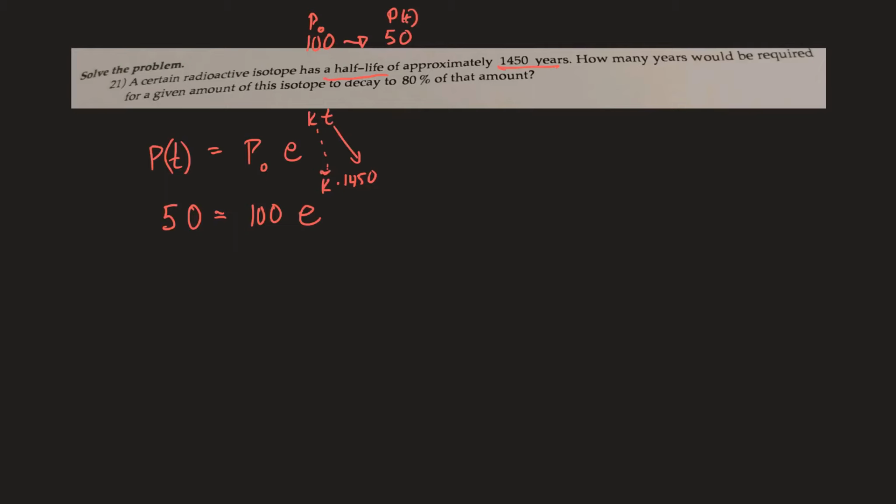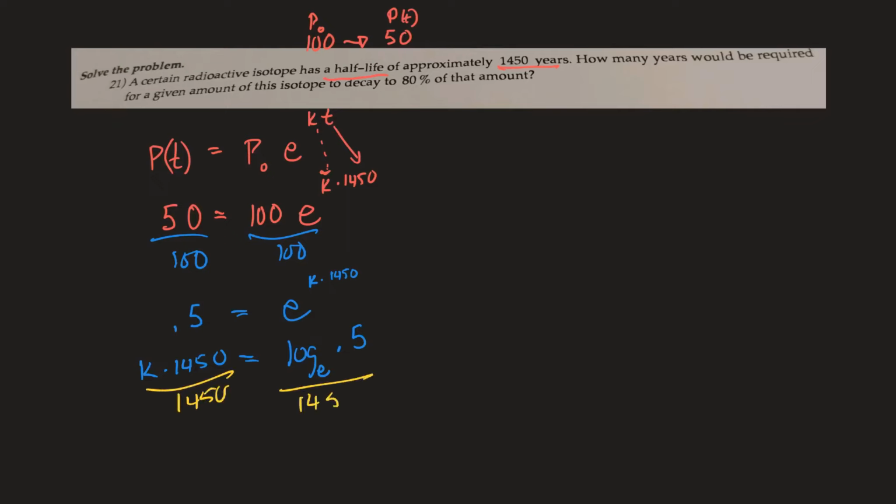First thing, divide by 100, divide by 100. So I get 0.5 on this side is equal to e to the K times 1450. Change to log form. K times 1450 is equal to log base e of 0.5. And then divide both sides by 1450, so K is equal to, let me do that on my calculator.